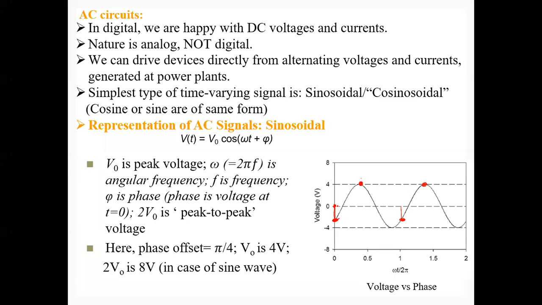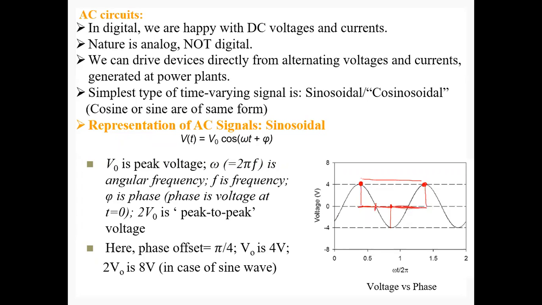So from peak to peak is 360. Halfway through is 180, and 180 plus 180 makes 360.